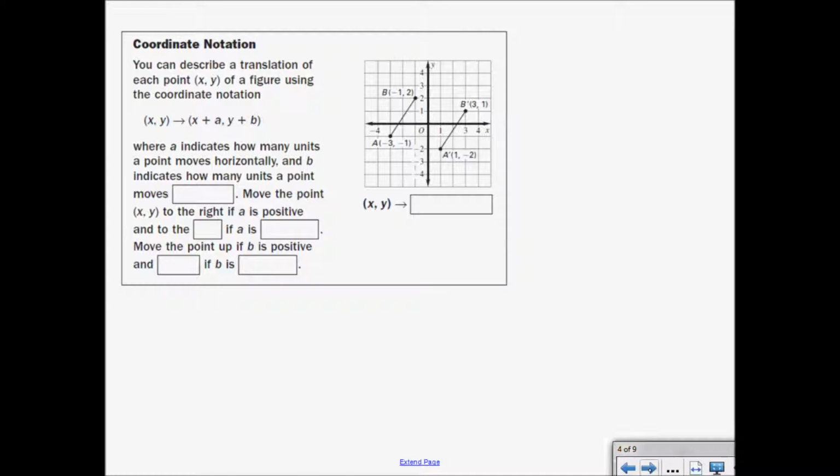Coordinate notation. You can describe a translation of each point x, y of a figure using coordinate notation. To go from x, y, we go to x + a, y + b, where a indicates how many units a point moves horizontally, and b indicates how many units a point moves vertically.